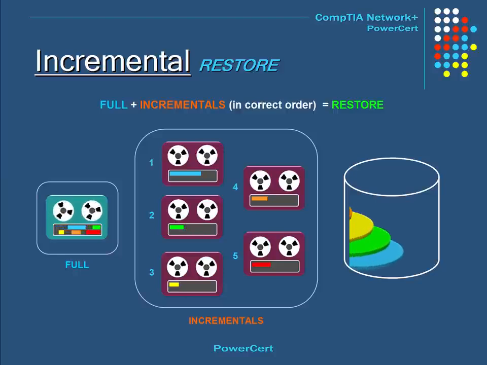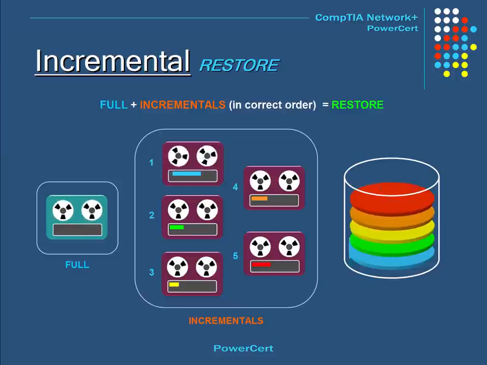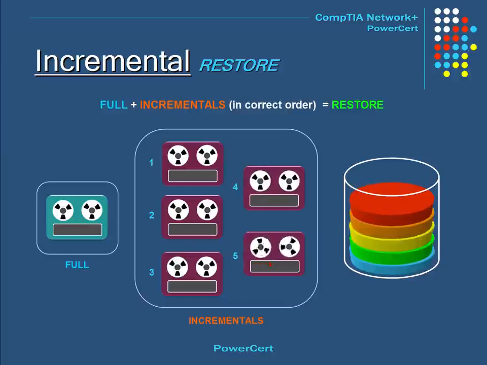We'll restore the full backup tape first, and then we'll restore the incrementals from Monday through Friday in the correct order. And now we have a full restore of our data for that week.